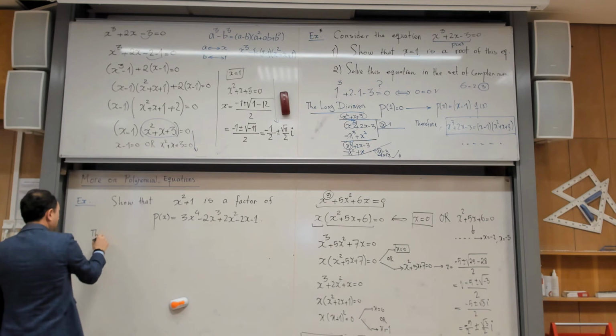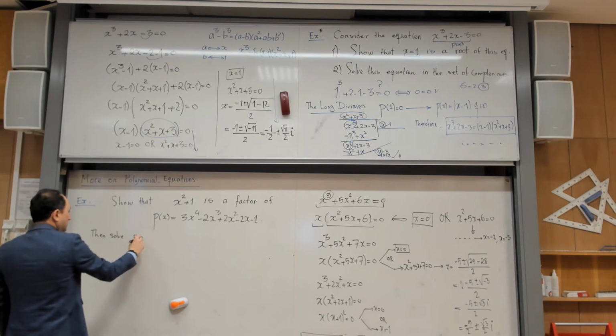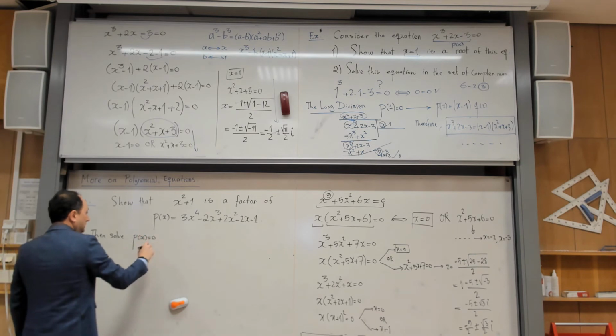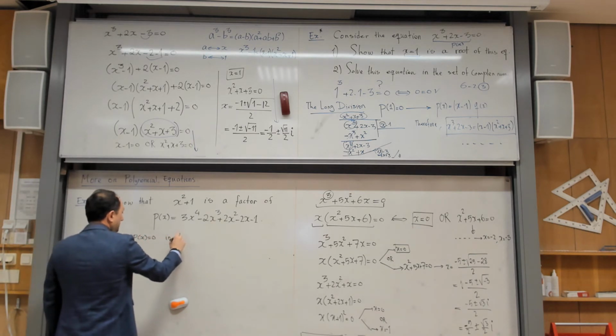Then solve p of x equals 0 in the set of complex numbers.